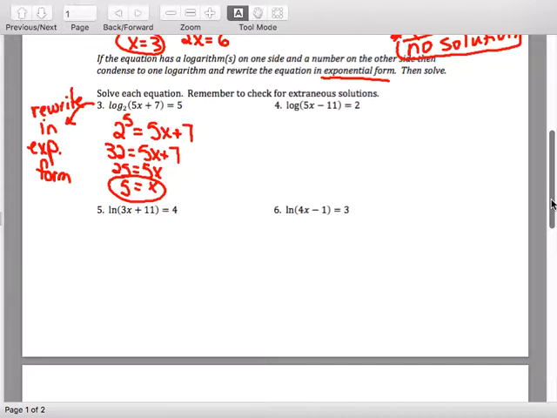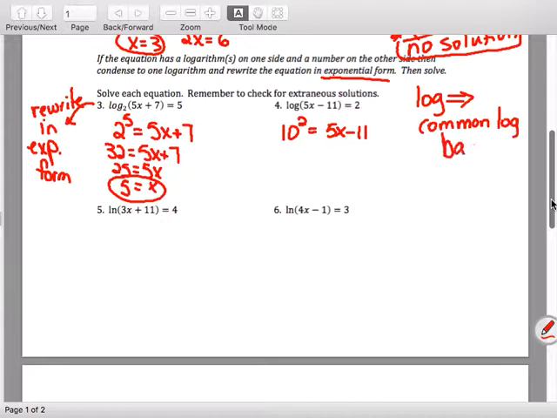And number 4, when there's no log base written, what is the base? 10. That's called your common log. So this is 10 to the 2nd equals 5x minus 11. Log is called the common log, which means it's base 10.